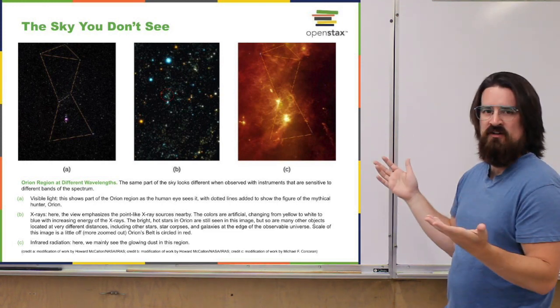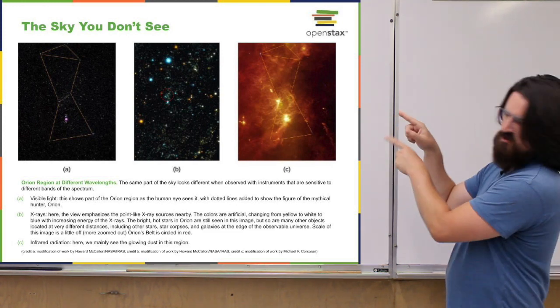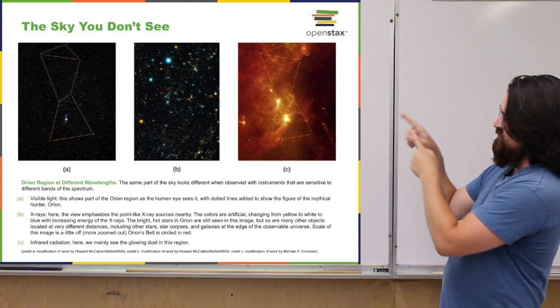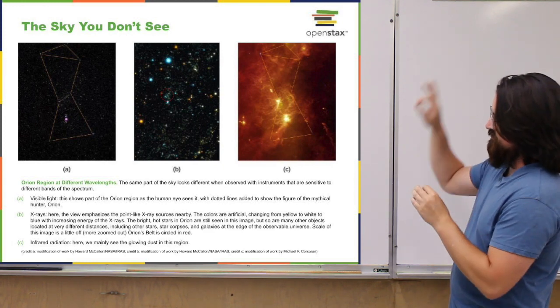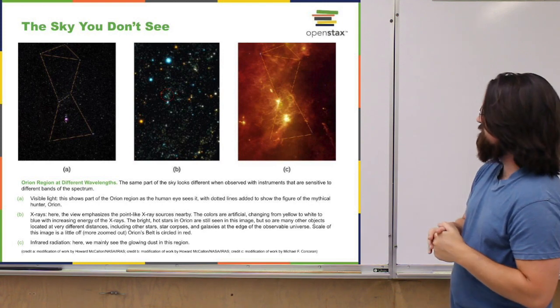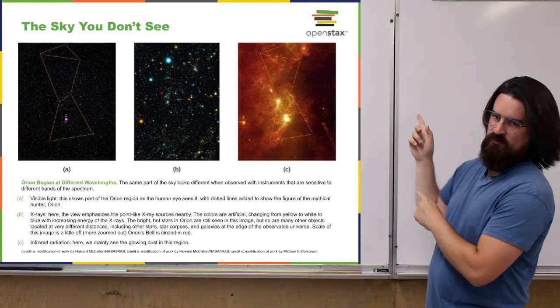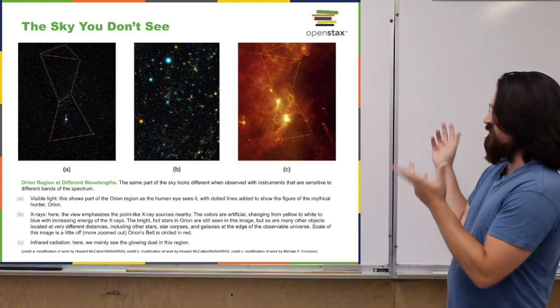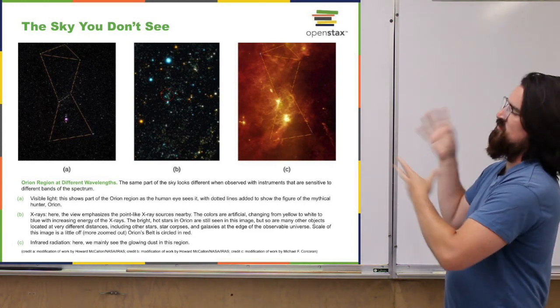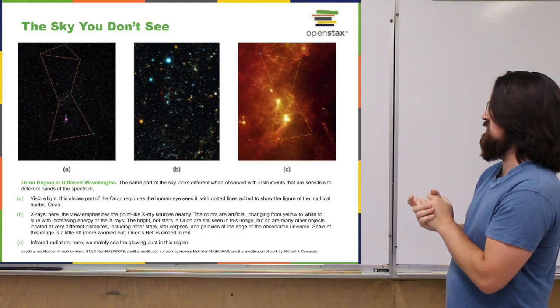They're not emitting a lot of X-ray radiation. The scale is a little bit off in the middle, right? So I tried to circle where Orion's belt is, where the three stars are in the middle. And then finally, on the right here is the infrared image, where you don't really see the stars at all. All you're actually seeing is the gas, the interstellar gas there.